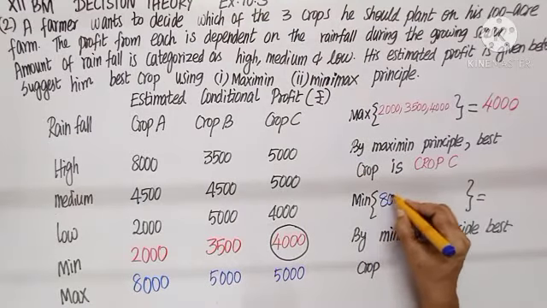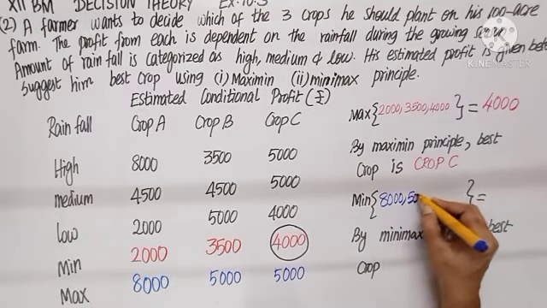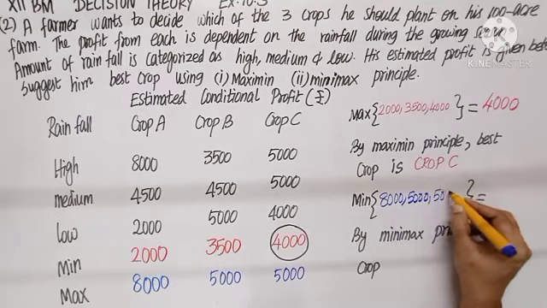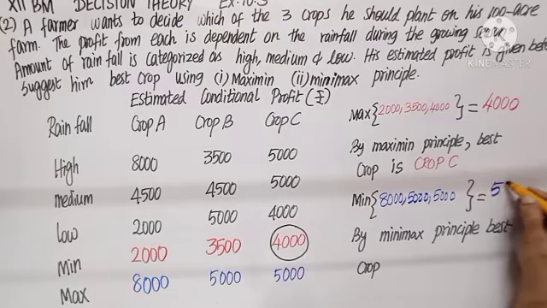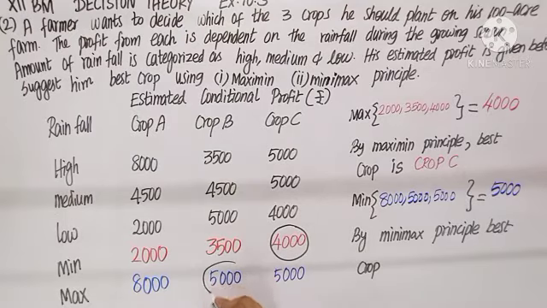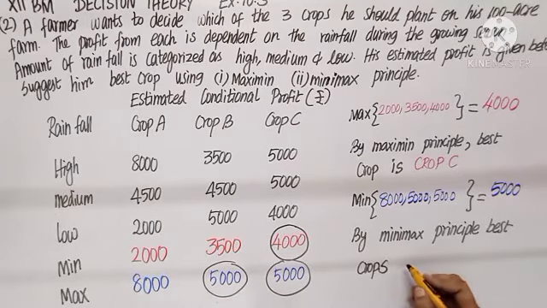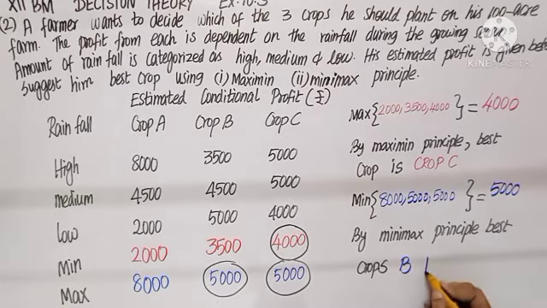Minimum of 8000, 5000, again 5000 is 5000. Therefore, we do not have a single selection, rather we have 2 selections. I can select crops B as well as C. So crops B and C are chosen by minimax principle.